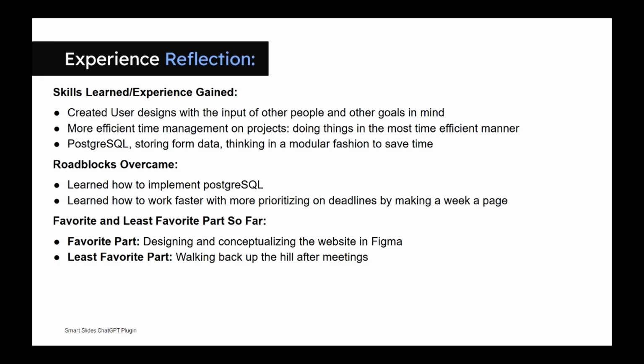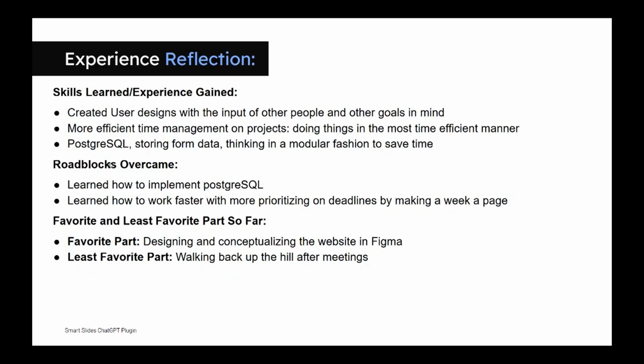I also learned how to use Postgres, and trying to design in a more modular fashion, with more components. How can I make everything a component so I can reuse it, and make things dynamic so I can just push it and not redesign a whole system all over again.